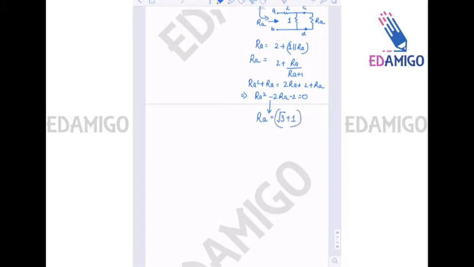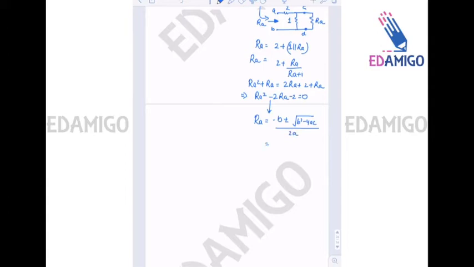Okay, just for the sake of explanation I will write the solution for you. RA will have two solutions, that is minus B plus minus under root B square minus 4AC divided by 2A, right?